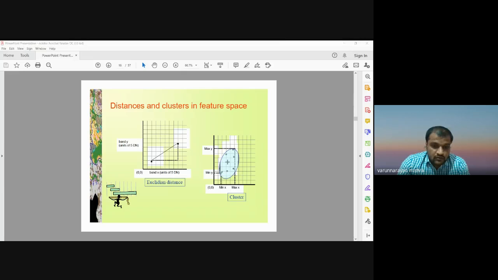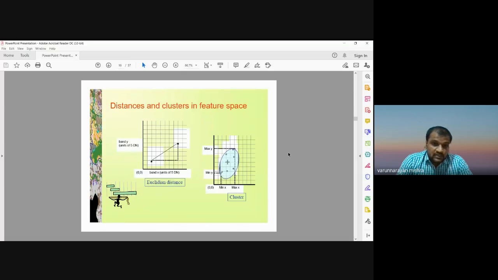Okay, now moving to the next slide, this is about the distances and clusters in the feature space. We can also calculate the distance between two clusters of pixels. That is known as Euclidean distance. Euclidean distance is the distance between two clusters of pixels of different classes.